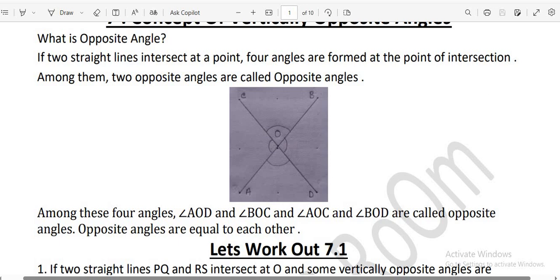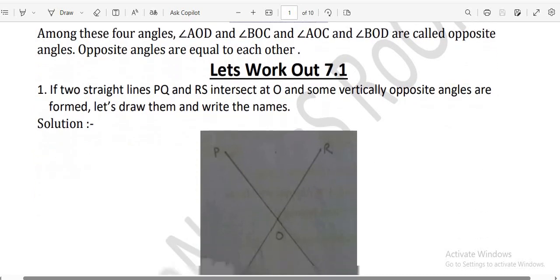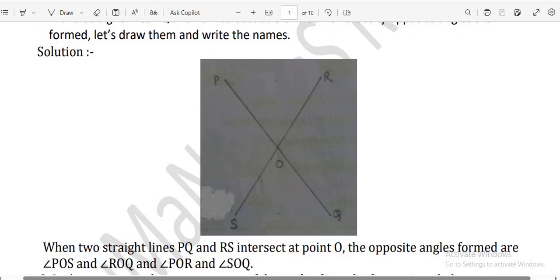Now we will solve. Let's work out 7.1. Question 1. If two straight lines PQ and RS intersect at O and vertically opposite angles are formed, let's draw them and write the names. Solution.